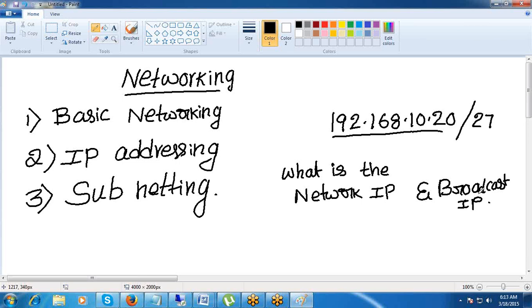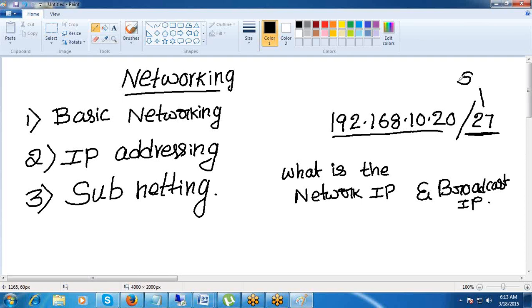So tell me, everyone. See, /27 is there. The network ID varies by /27. What is the meaning of /27? /27 is the slash format.